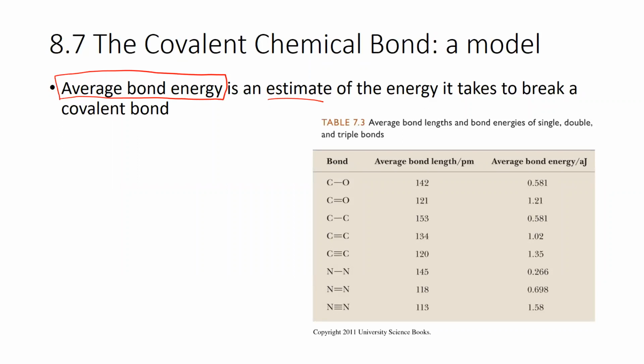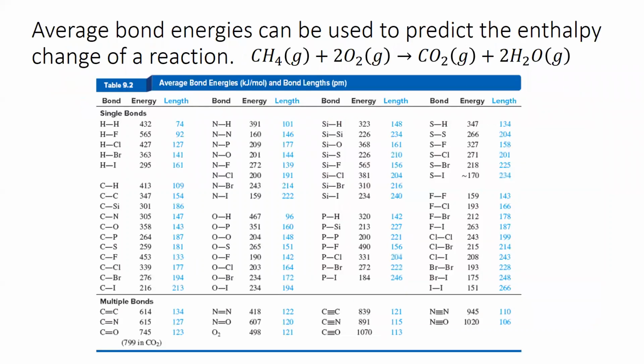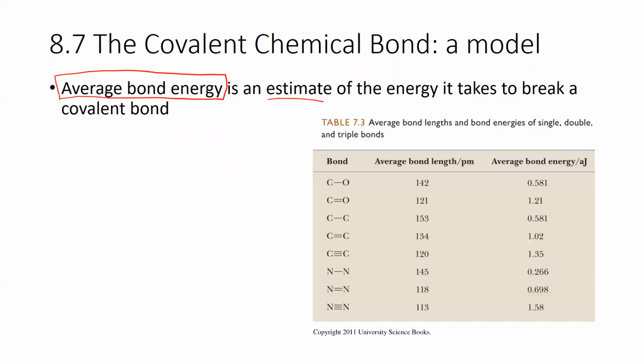You'll notice on this page we have a table for bond lengths and bond energies. We'll talk about those in a second. Here, there's another table. The units are a little different. This has more of them, and we'll talk about this table as we do a chemical reaction. But there are some things to note for these average bond energies. When we say it's the average bond energy, that's a key here.